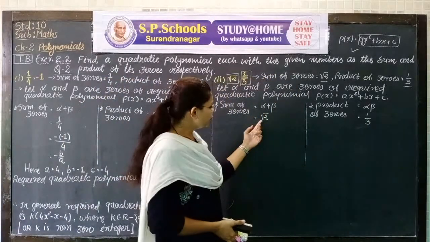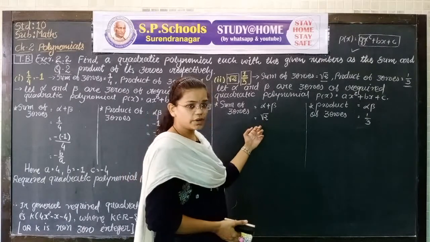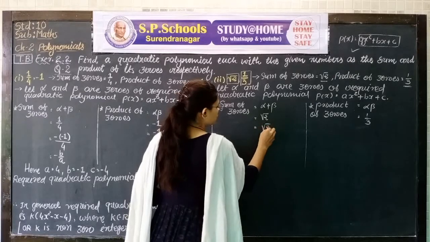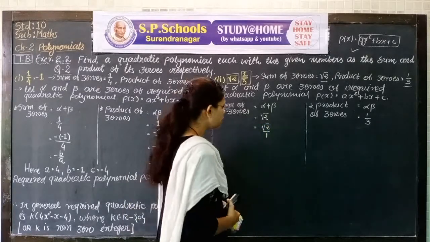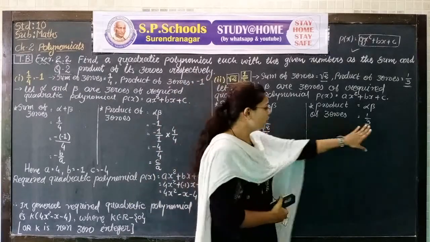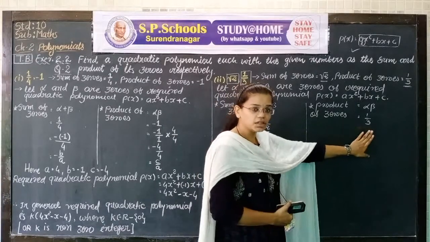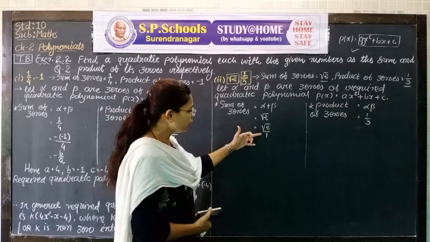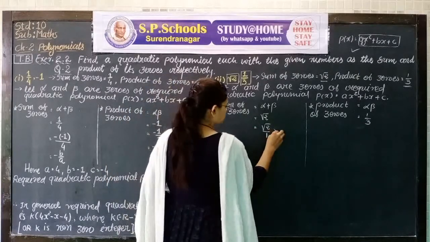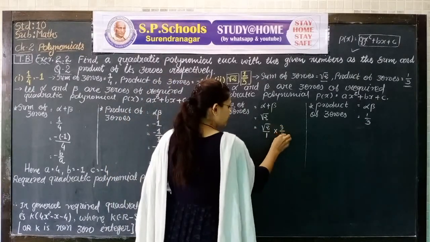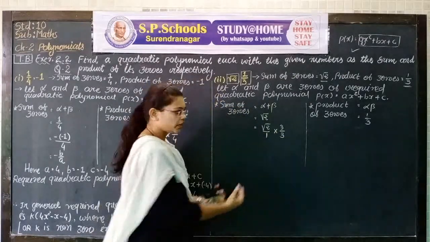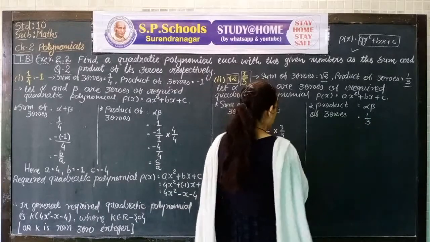No. Root 2 has nothing in the denominator, so we put 1: root 2 upon 1. Now see, here is the 1 and here is the 3. They are not equal. Then what to do? We multiply root 2 upon 1 by 3 and divide by 3. 3 ones are 3, so both denominators are equal.